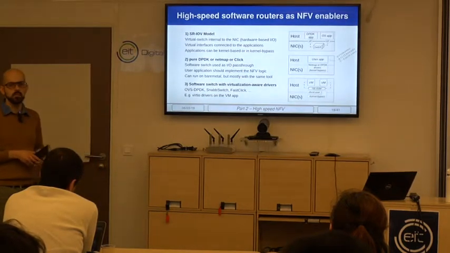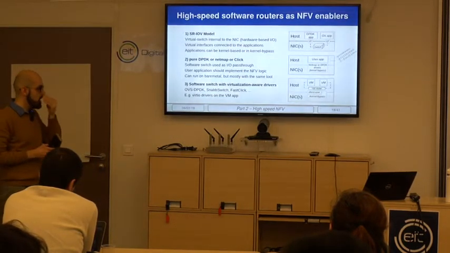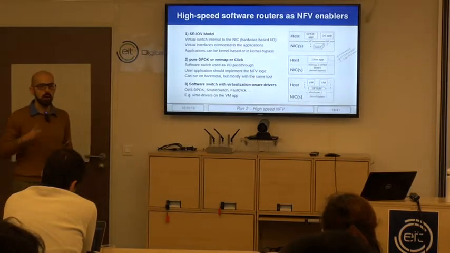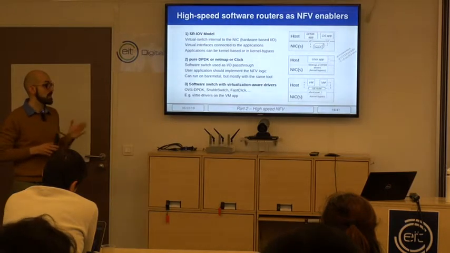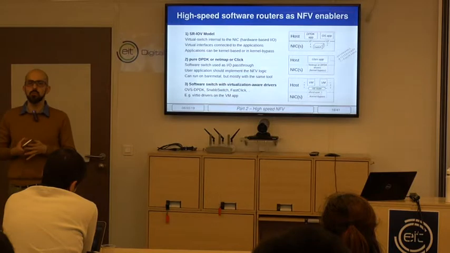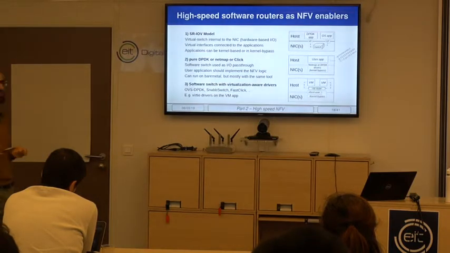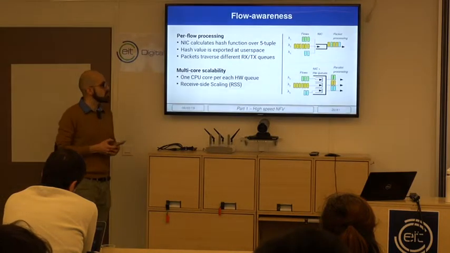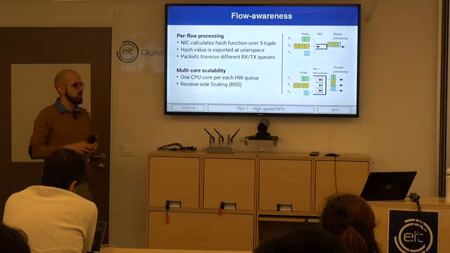This can be implemented in many different ways, so that all the development part is transparent to us. We just use the software router as we could use a regular router to connect devices, so to connect middleboxes in this case.